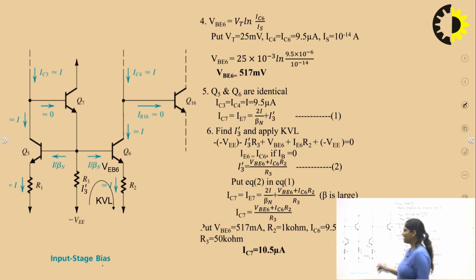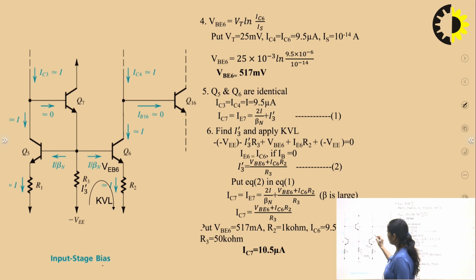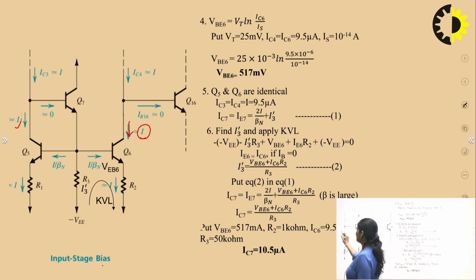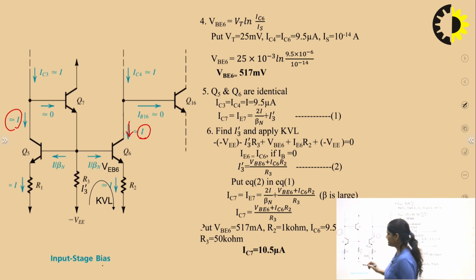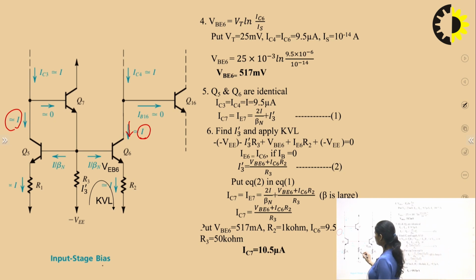Because we have to find out current at all the terminals in each transistor, now here we have to find out, as already discussed in the previous slide, that IC6 is equal to I and IC of transistor 5 is equal to I. Now here we have to find out current.